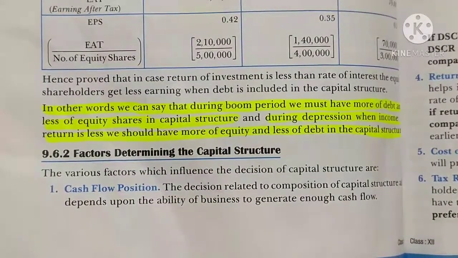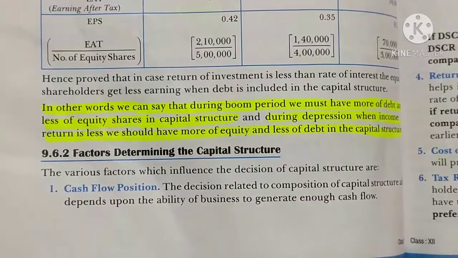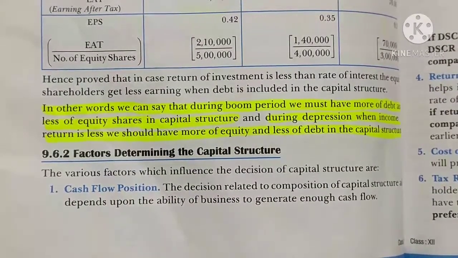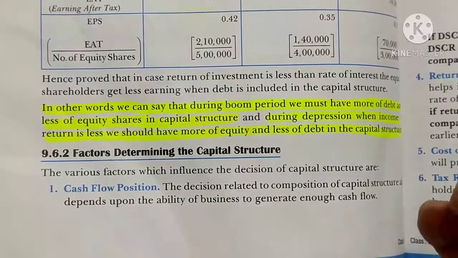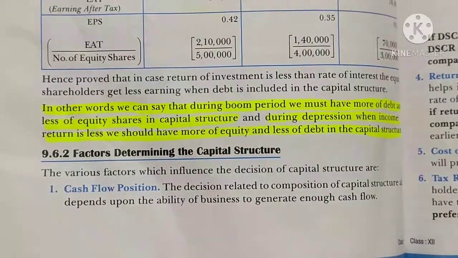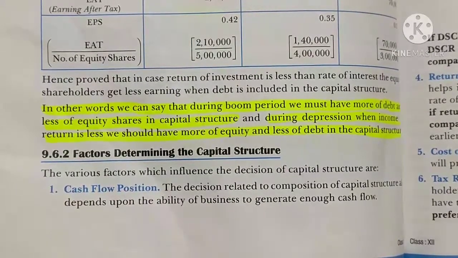What are the factors which determine or affect the capital structure? As we have learned in our previous video, capital structure is a combination of equity and debt. So let's talk about the factors which influence the decision of capital structure. So first one is what?